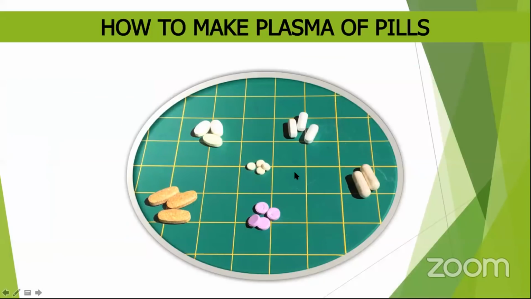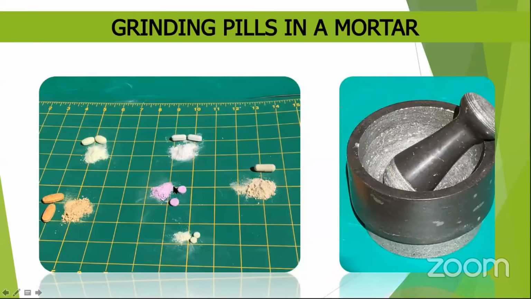Also, for all the people who invest a lot of money on medications and spend fortunes to get them, you can also create plasma of every single medicine that you use. You just grind it.